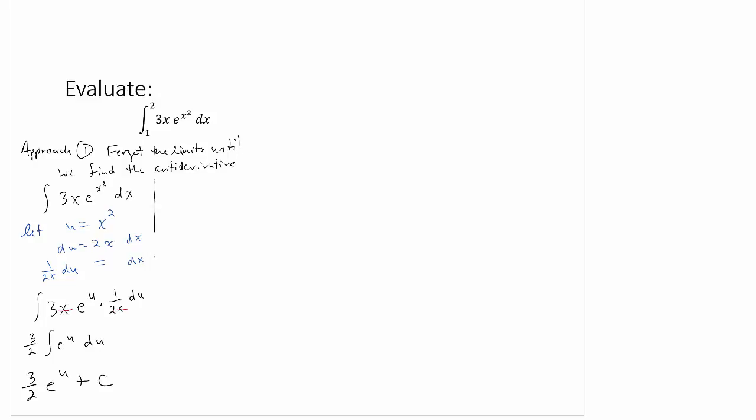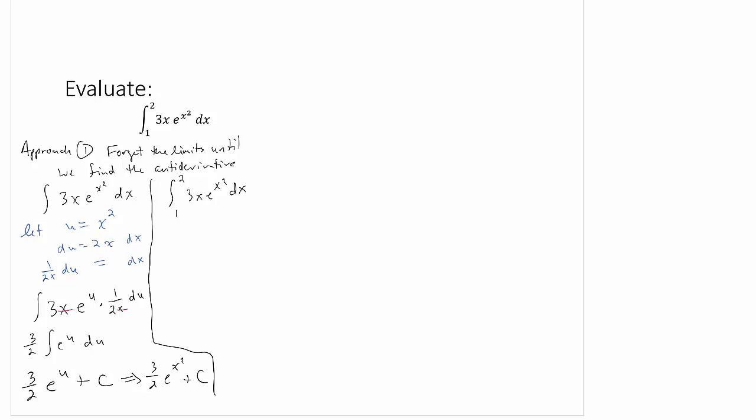But then we remember that if we're finding a definite integral, so now the integral from 1 to 2 of 3x e to the x squared dx, we find any antiderivative, which we just did, and we substitute the limits. And I guess I wasn't careful here. I should have substituted back. So that's 3/2 e to the x squared plus a constant.